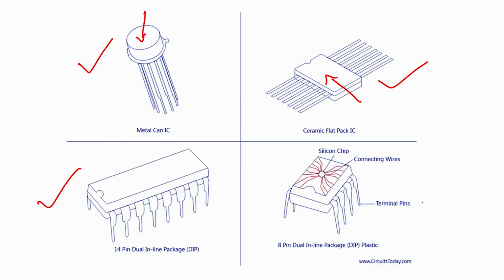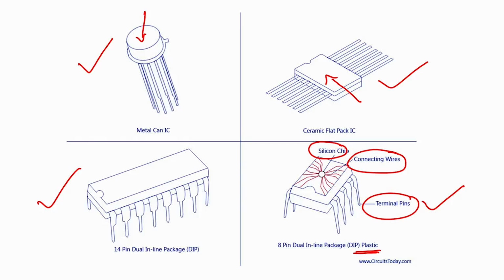Finally, the fourth chip on the screen, at the bottom right, is an 8 pin dual inline package, and again you see it is plastic. Now, dual inline package plastic. So, what does that mean? Again you see here it is similar to what we have seen in the first slide. There is a silicon chip, there are connecting wires and there are terminal pins.